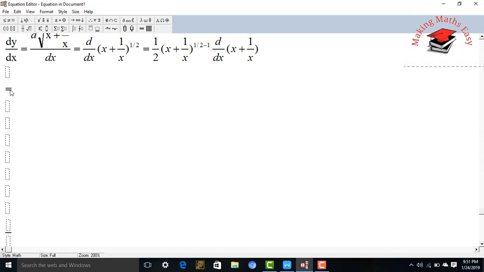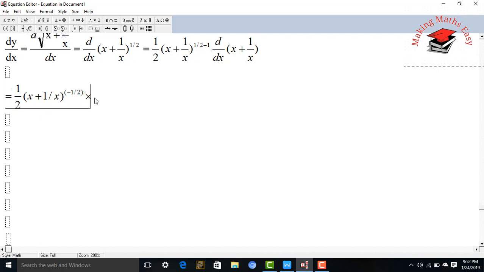Which is equal to 1 by 2 into x plus 1 by x raised to half minus 1, which gives me x plus 1 by x raised to minus 1 by 2, multiplied by the derivative of this function.